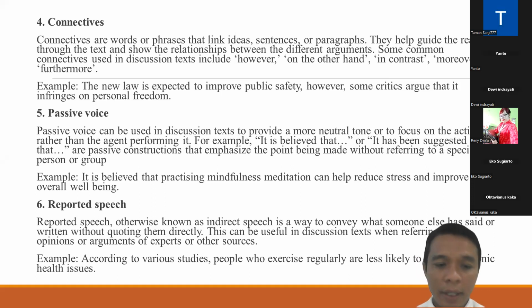The fifth one is passive voice. Passive voice can be used in discussion texts to provide a more neutral tone or to focus on the action rather than the agent performing it.